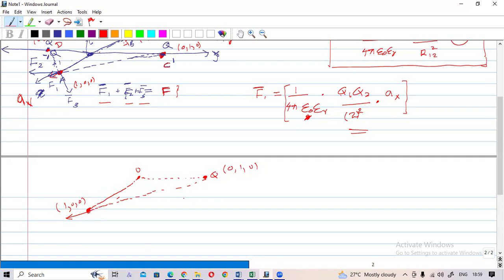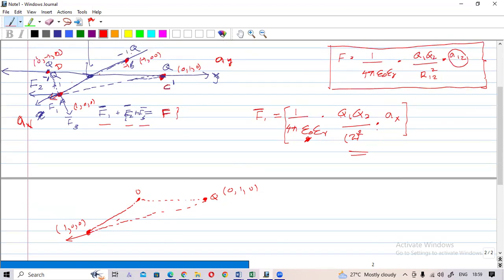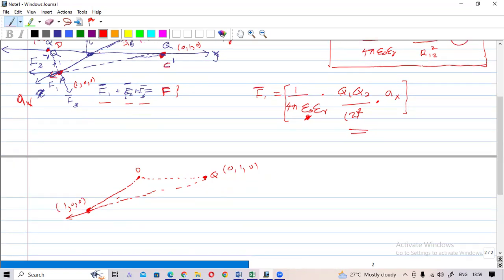So now maybe you can compare this equation with this one, then you can find it easily. So there is a direction here. What is this direction? Is it AX?